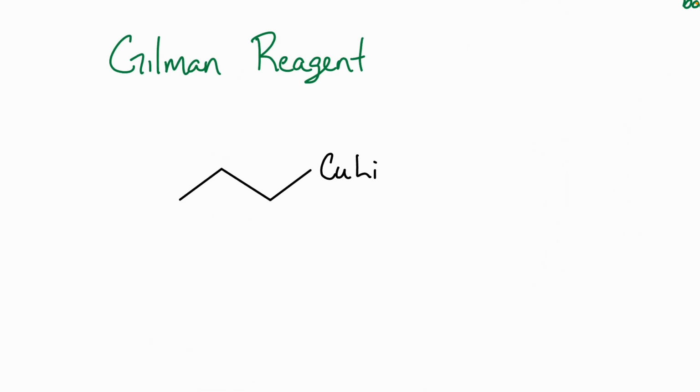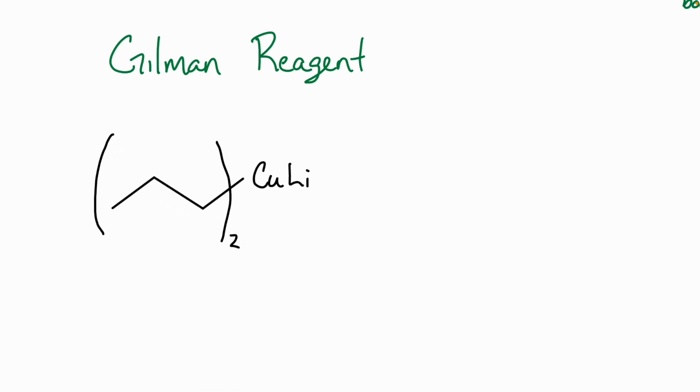But when you prepare your Gilman reagent, and this always looks a little weird, there are actually two of those organic chains that will bind to that metal, and only one of them ever reacts. But that's how we write our Gilman reagent, with these carbons in parentheses with this subscript 2 outside. And these react really well with alkyl halides. The Grignards kind of do, but they're better for other functional groups.